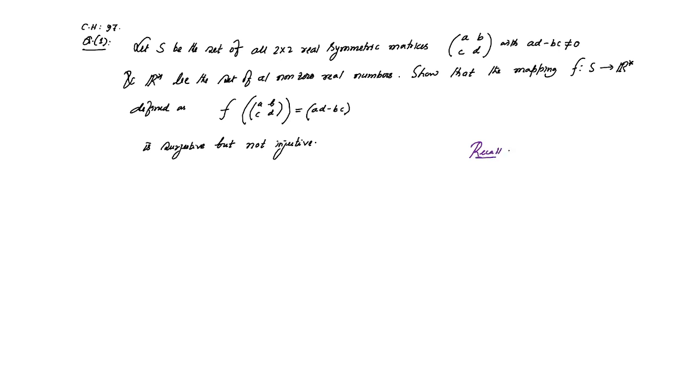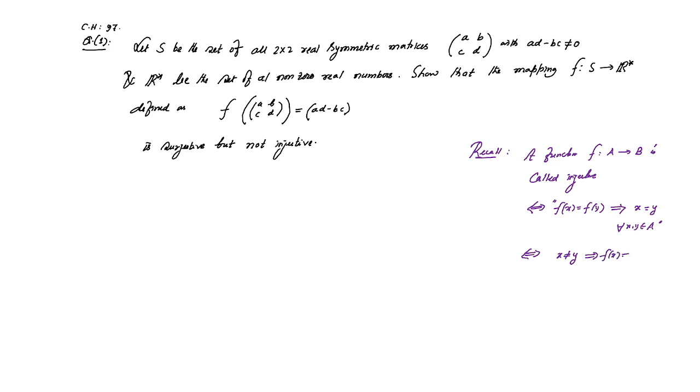A function f from A to B is called injective if and only if f of x equals f of y implies x equals y for all x, y belonging to A, or if and only if x not equal to y implies f of x not equal to f of y for all x, y belonging to A.